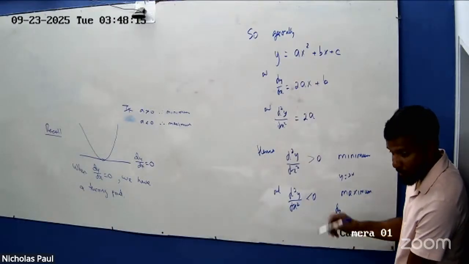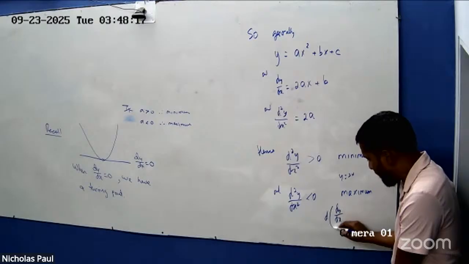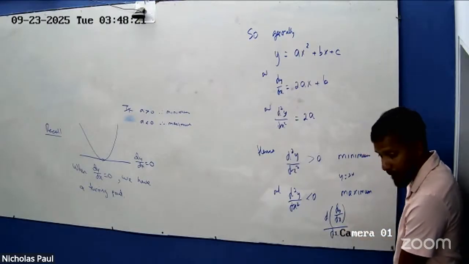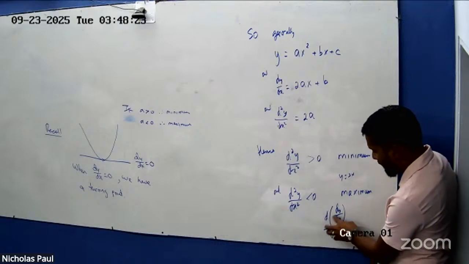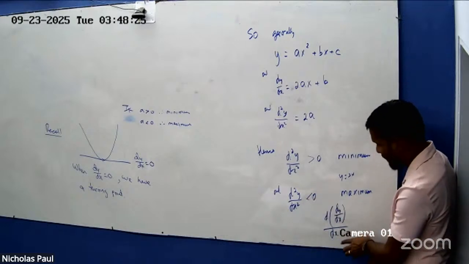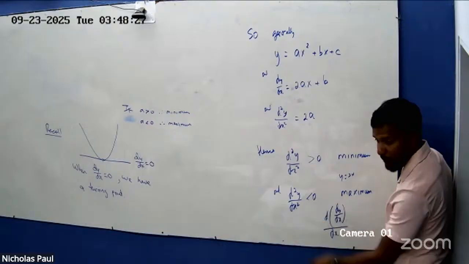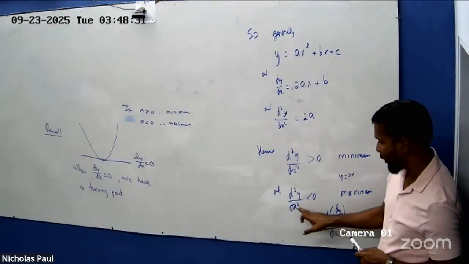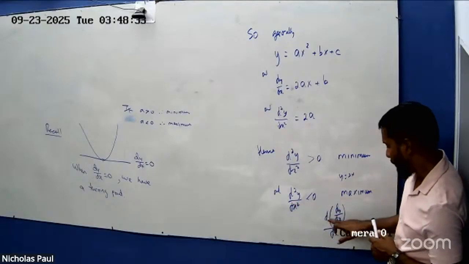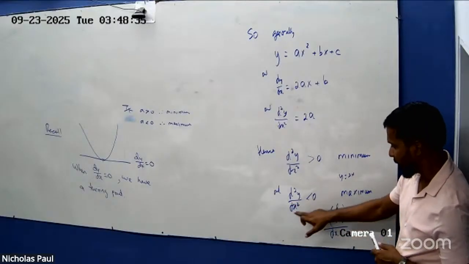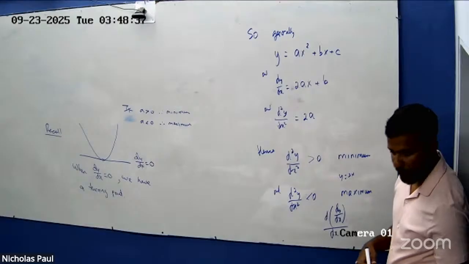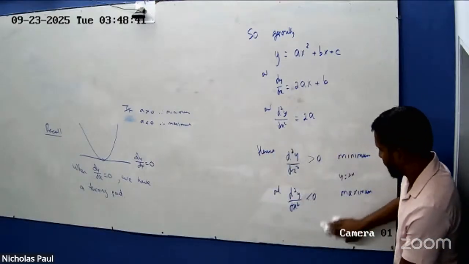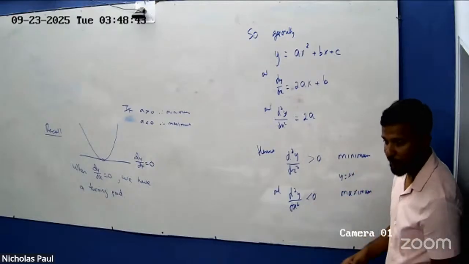When you differentiate again, you differentiate dy/dx with respect to x. So it becomes d/dx of dy/dx, that is d squared y over dx squared. So you don't put the 2 there, you put it as d squared by dx squared.